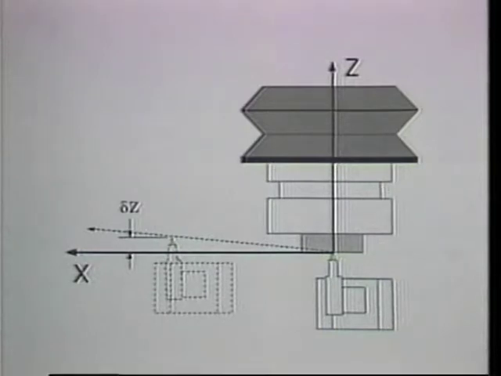At the origin, the squareness error has no effect on the tool position. However, as the tool moves away from the origin, not only the tool's x-axis position changes, but the tool's z-axis position also changes. Since a programmed x-axis position change also produces a z-axis position change, position error has been introduced.